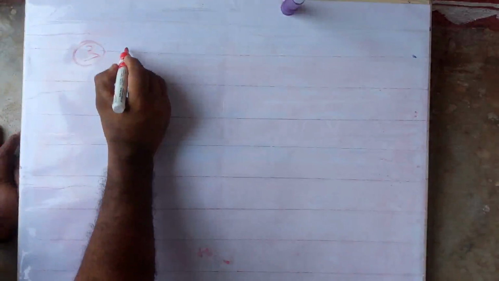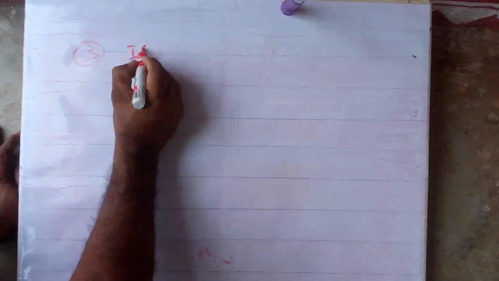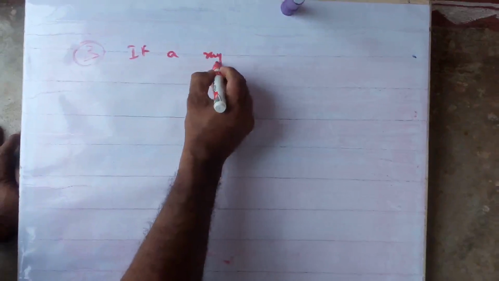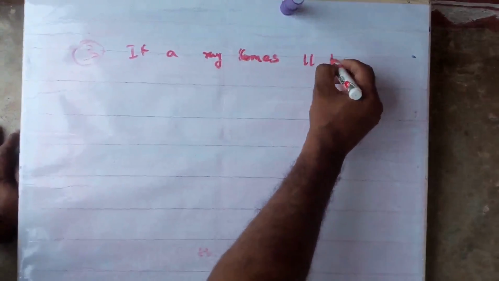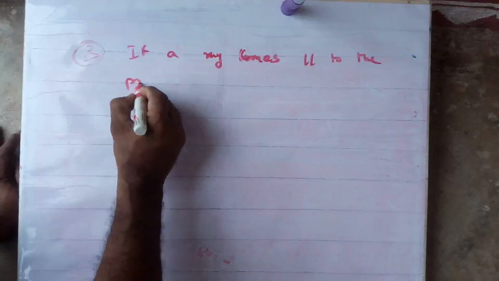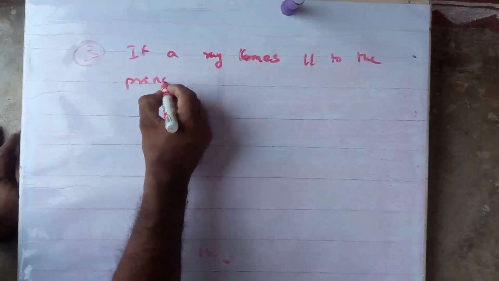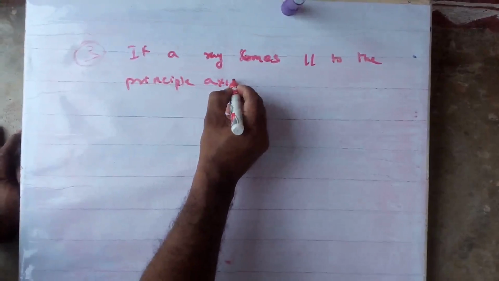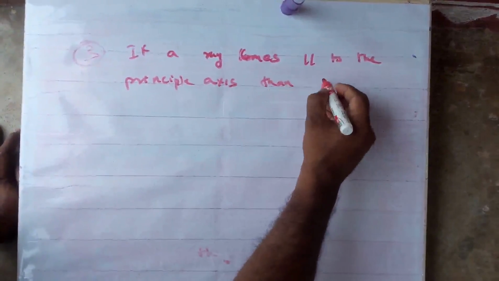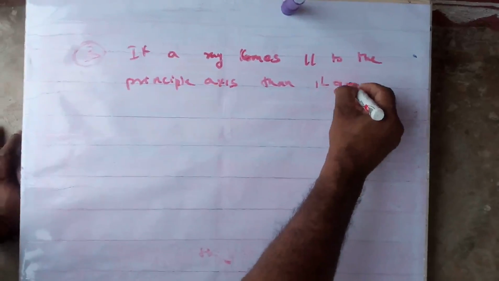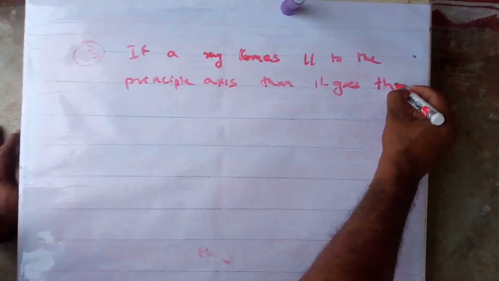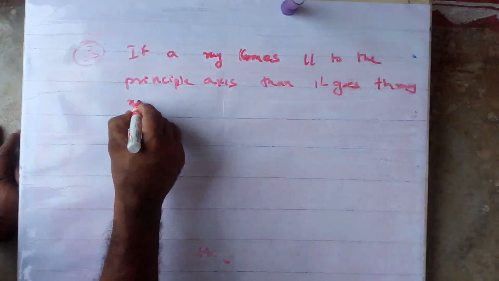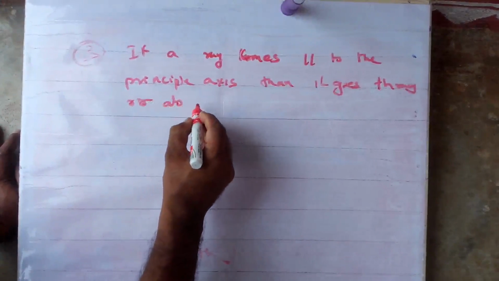Now it is the third rule. If a ray comes parallel to the principal axis, then it goes through, or along, the line of focus.